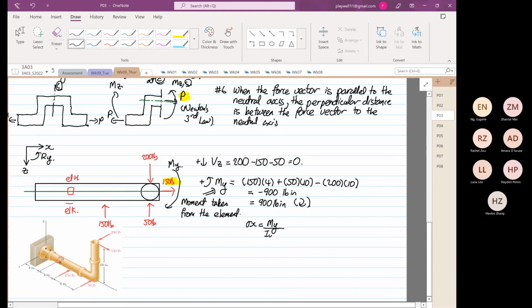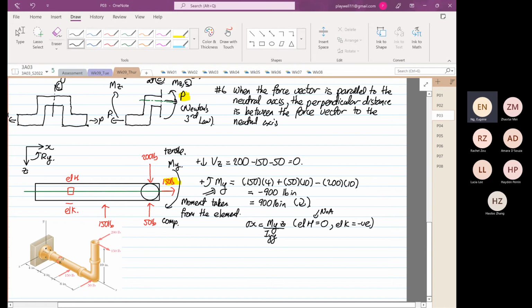IYY multiplied by Z. What we realize is at element H, the stress is equal to 0 because element H is at the neutral axis, and element K is negative because the head of the shear force vector or the bending moment vector is compression. The tail end is tensile. Okay, so we get that.